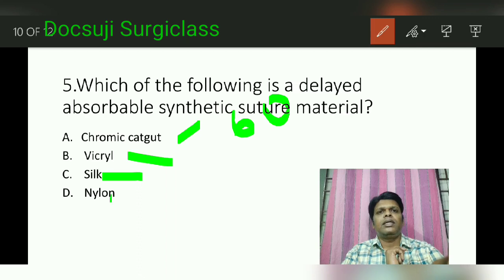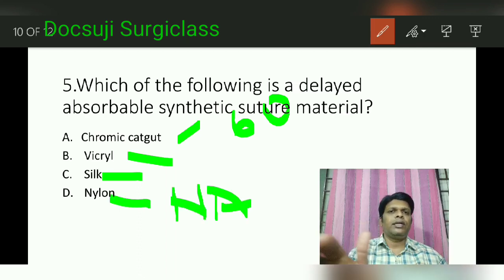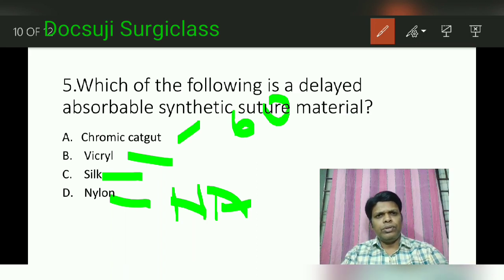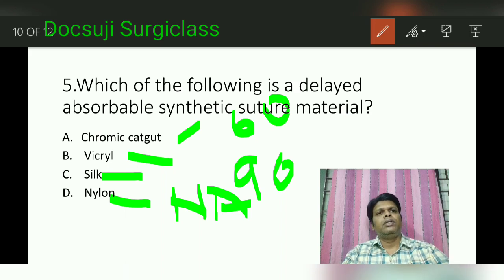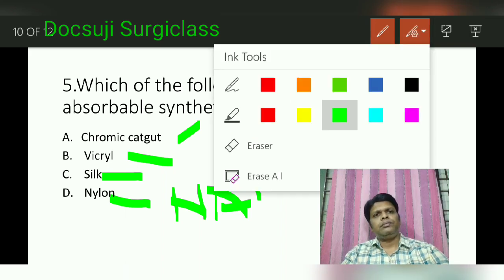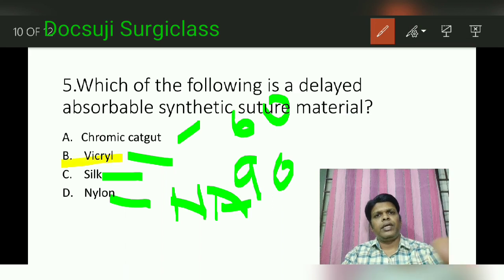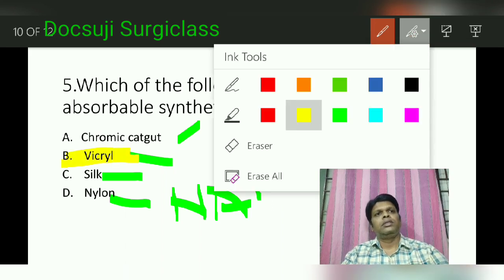Silk, nylon and the like are non-absorbable materials. So options C and D are already ruled out. Only 2 options remain. Chromic catgut is an absorbable natural material with an absorption rate around 60 days. Vicryl usually has an absorption rate of around 90 days. That's why it's called a delayed absorbable synthetic suture material. The answer is option B, Vicryl.